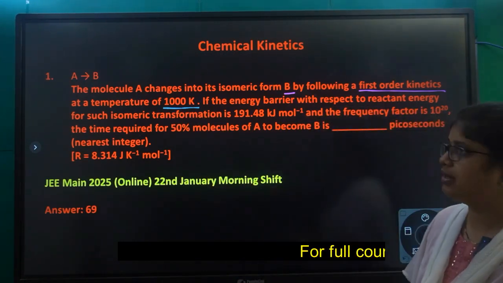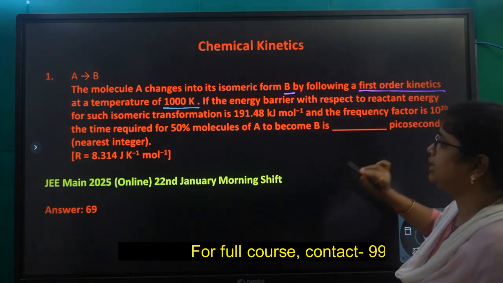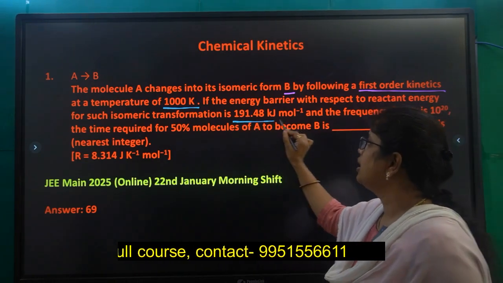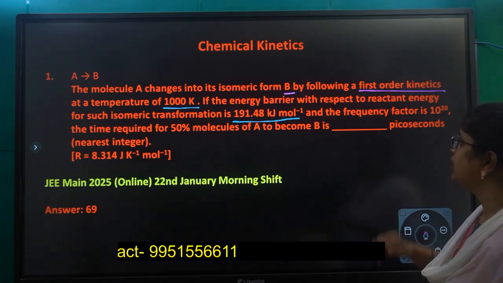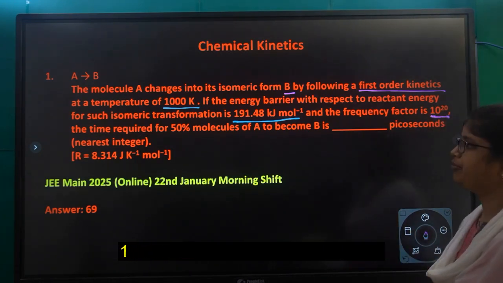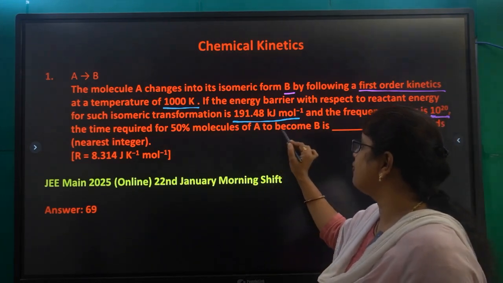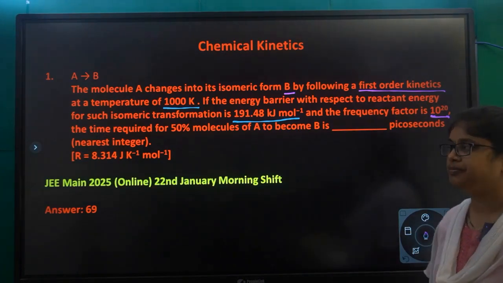If the energy barrier with respect to reactant energy for such isomeric transformation is 191.48 kilojoules per mole and the frequency factor is 10 to the power of 20, the time required for 50% molecules of A to become B is dash picoseconds.